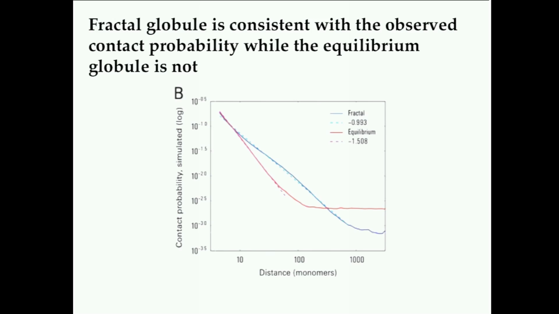And the observed data is this one, minus 0.9. So here you have your observed data with a given slope, and the fractal fits very well, and then the equilibrium deviates quite a lot.